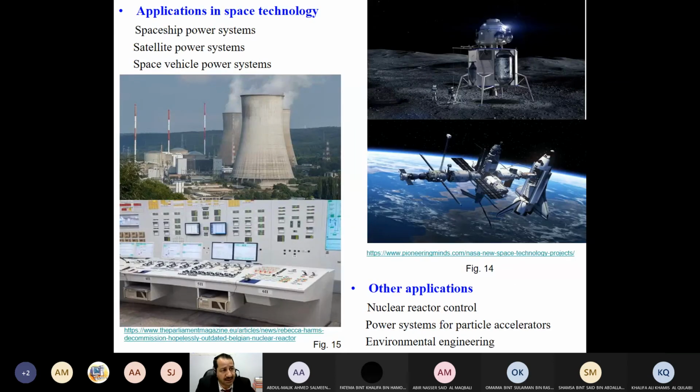For space technology, spaceships, satellite power supplies, space vehicles, all need power electronic converters. And in nuclear reactor control, particle accelerators, and many other applications, we use power electronics. So there is a wide range of applications.